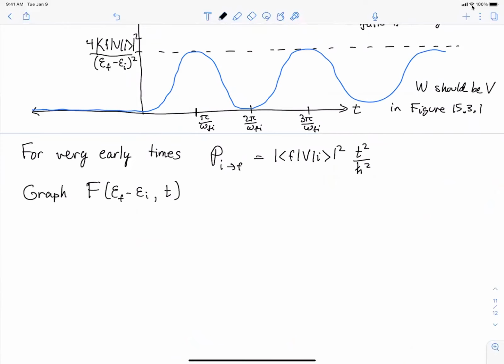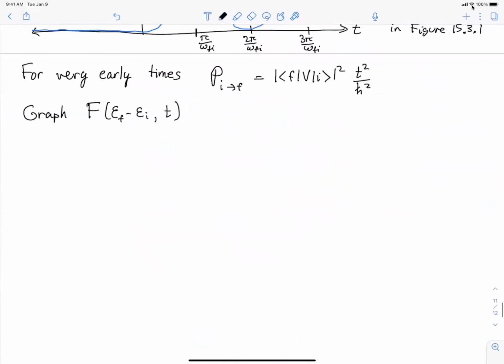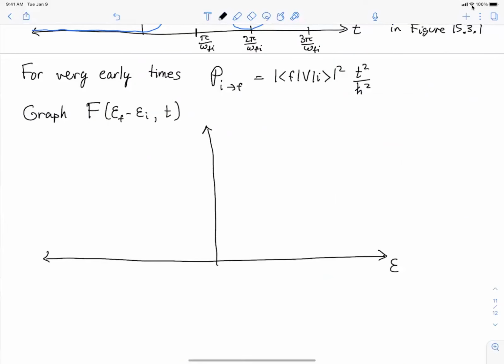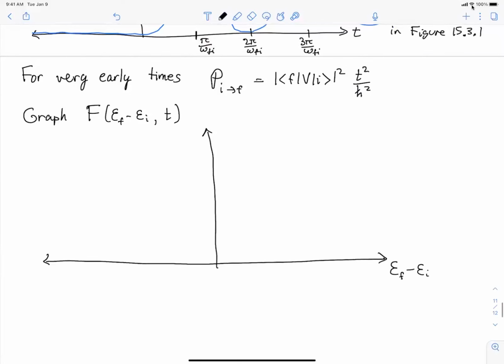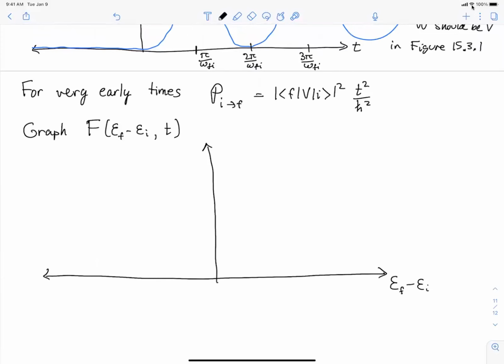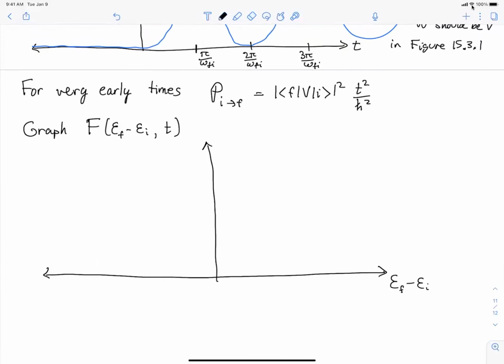But we assume those are fixed for the moment. And we're going to be graphing on the vertical axis what that looks like as a function. Let's graph it as a function of E final minus E initial. Okay, and so the shape of this is the following. Let me do it in blue again.